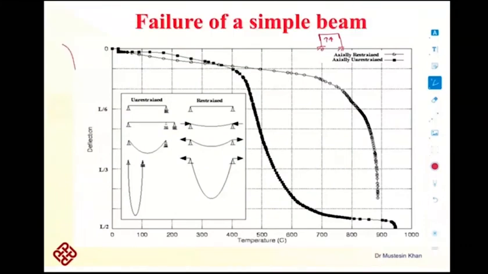So these columns would bend something like this and will allow some expansion of this beam. They are still applying some compressive force, which is stopping this beam from expanding. So this is what happens in a restrained beam. As you can see here, this is a restrained beam. We have applied fire from the bottom. As soon as the fire is applied, it will try to expand. And the restraint which we are applying through this support is not allowing it to expand.